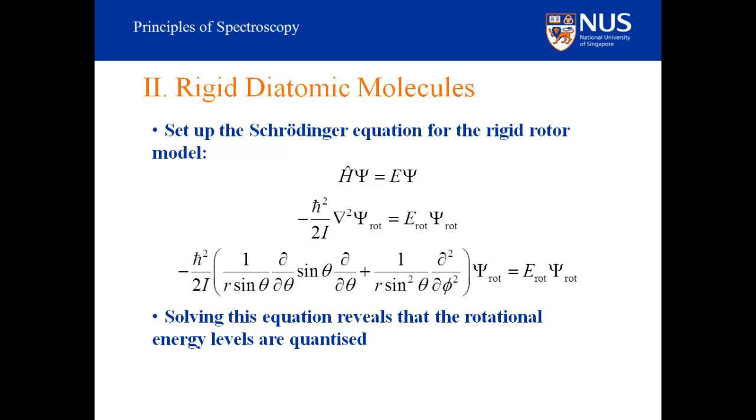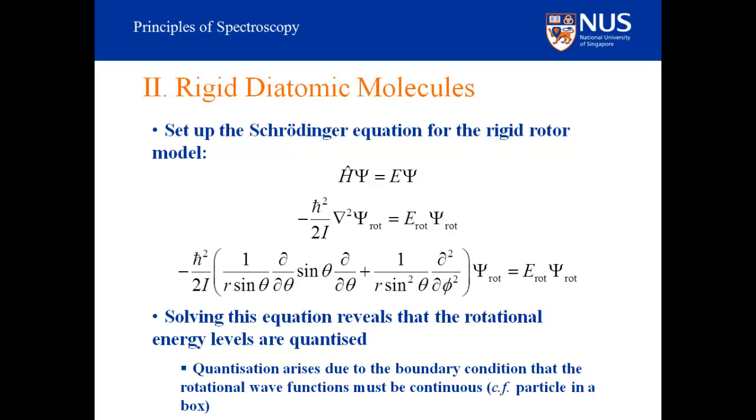If we solve this equation, we have to take into account the boundary conditions, which mean we're going to get a quantized system. But why do we have boundary conditions? Well, remember that a wave function must be single valued. Imagine my particle moving around the equator on the sphere.